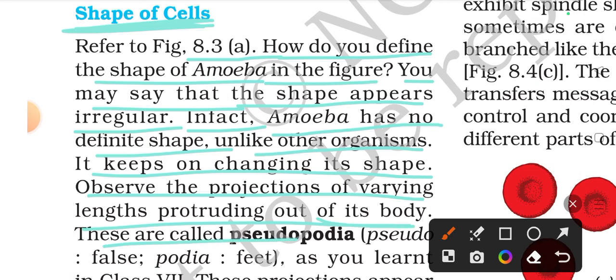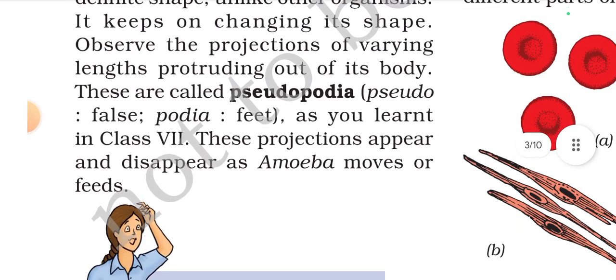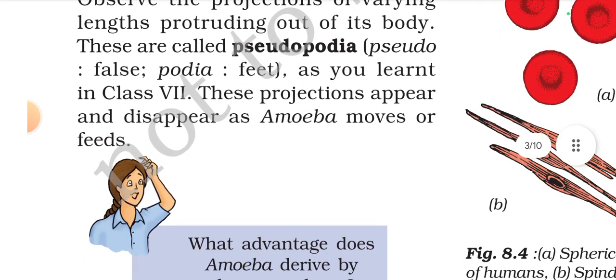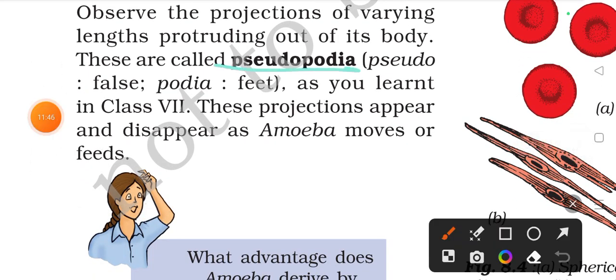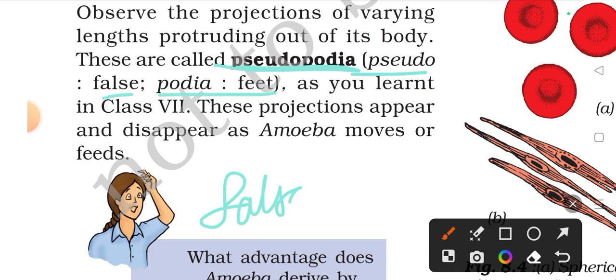These are called pseudopodia. So in amoeba, it changes its shape and forms projection-like structures known as pseudopodia. Pseudo means false, podia means feet. It means false feet.